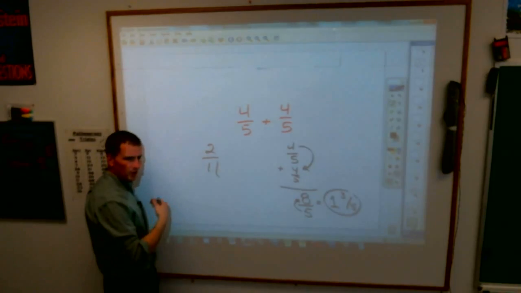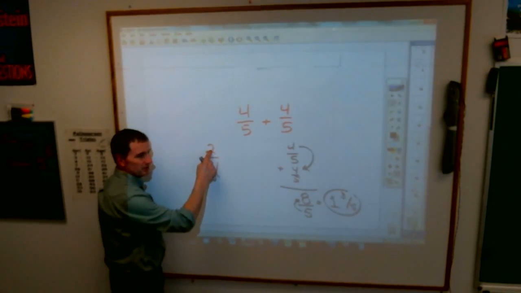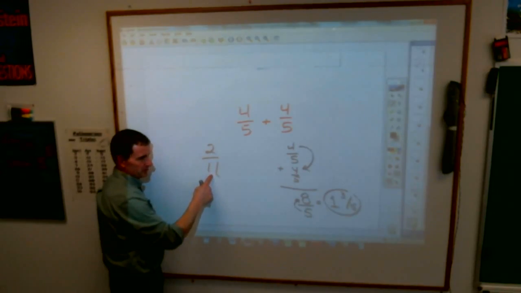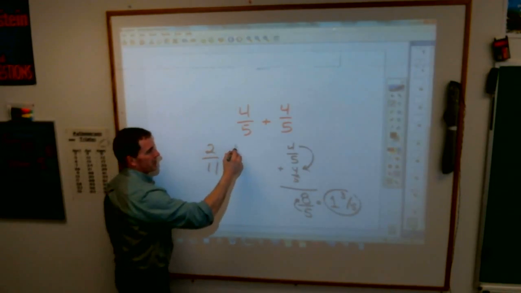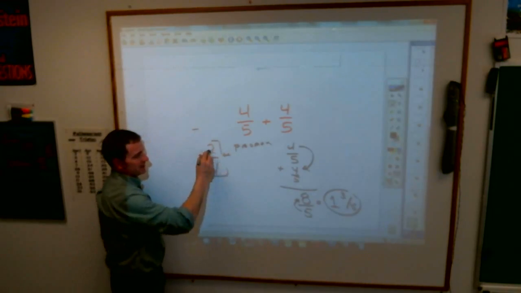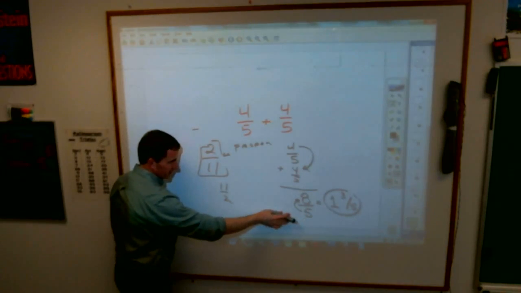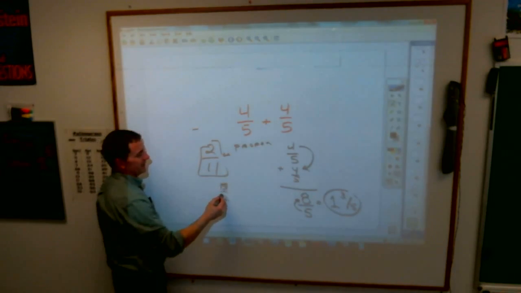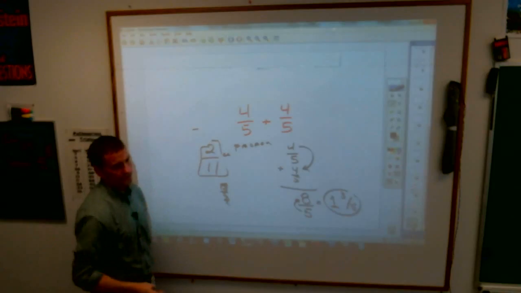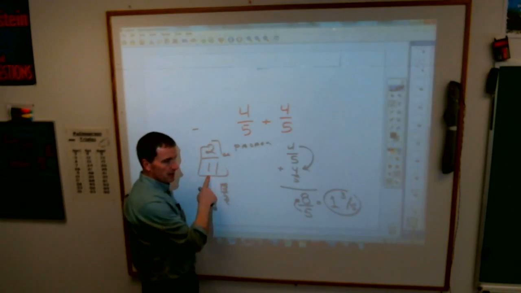No, no, no. You only do that when you have a bigger number over a smaller number. 2/11ths is a proper fraction and you can keep that. Don't change that. If it was 11/2, yes, you do what we just talked about today. But just don't think that every time you see a fraction, you have to divide it out. Only if the top is bigger than the bottom.